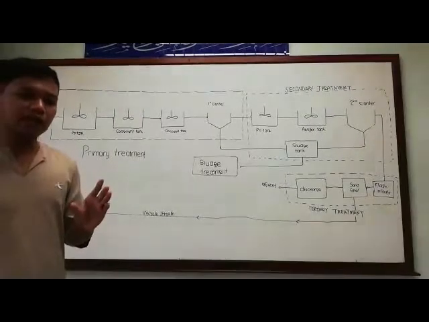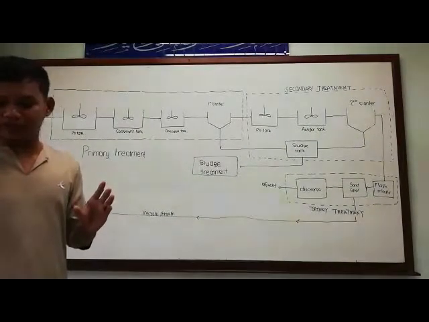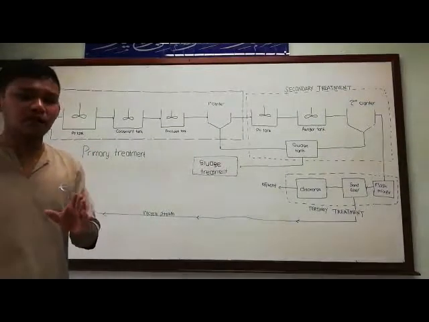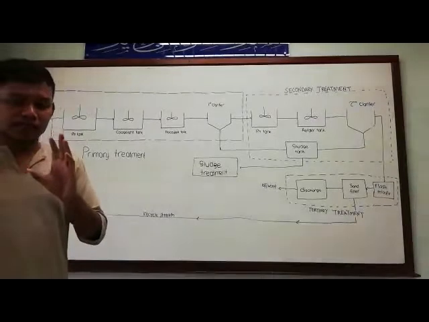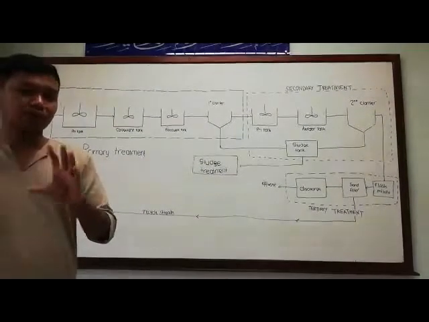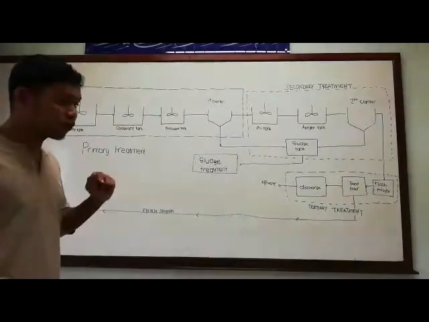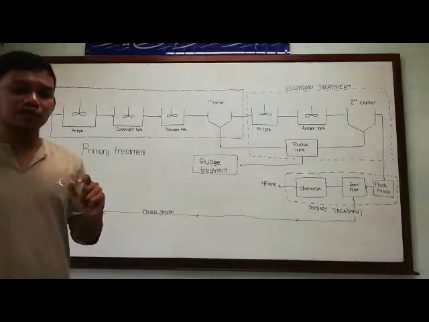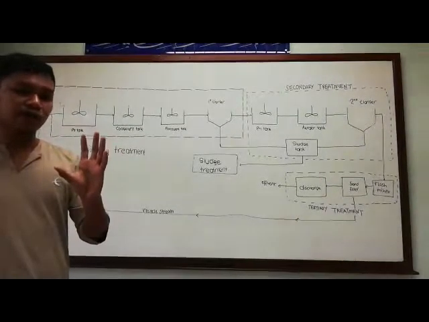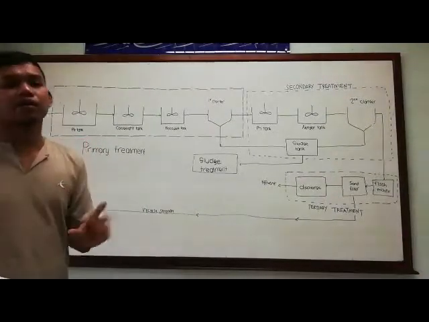Usually in the flocculant tank, we have a paddle that provides slow mixing. This slow mixing enhances the formation of the flocculant, compared to the coagulant tank, which introduces rapid mixing. So let's say, for example, if we introduced rapid mixing in the flocculant tank, the flocculant particles that we form would break.